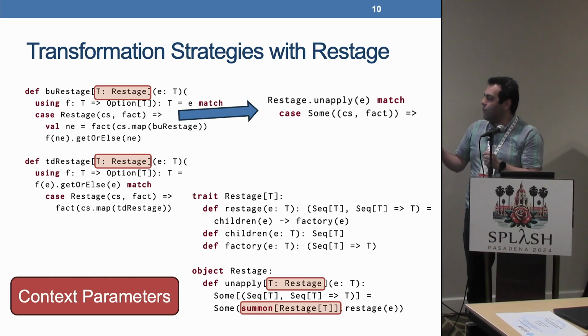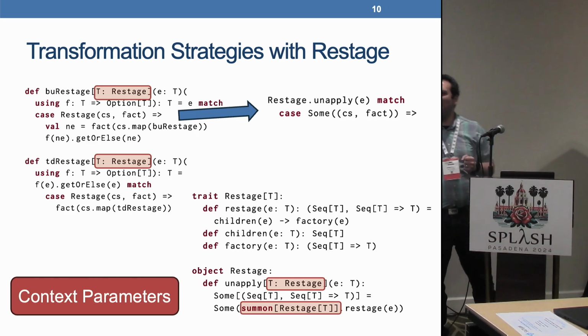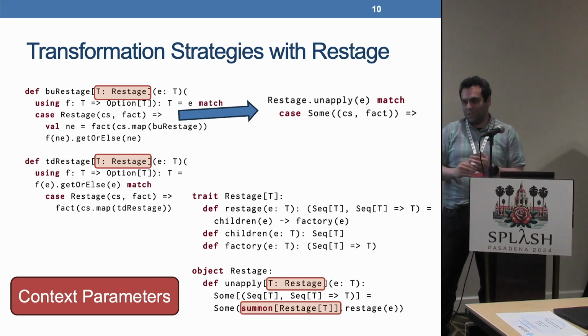Here I said that it's some, it means that whenever I apply it, it should match. It should return something. And it is basically for this case because I know that there is no other case involved. Whenever it's of type T and that type T follows the constraint of the restage type class, then it should match, definitely.